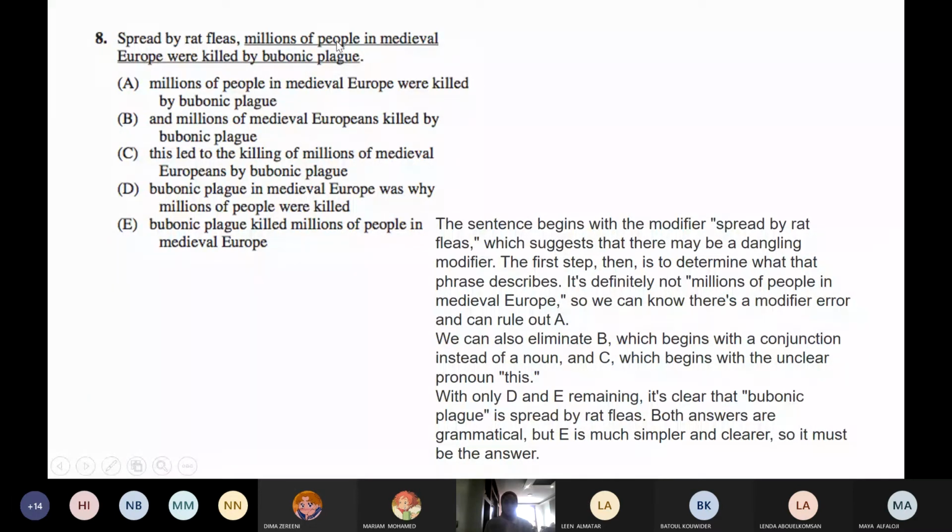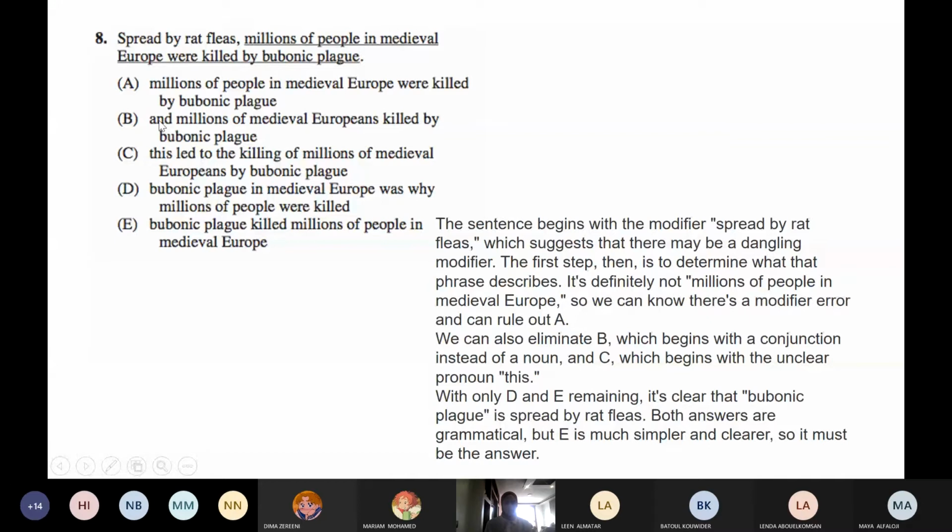So people in medieval Europe were killed by this plague. They were spread by rat fleas. Rats and fleas are insects that live on rats.